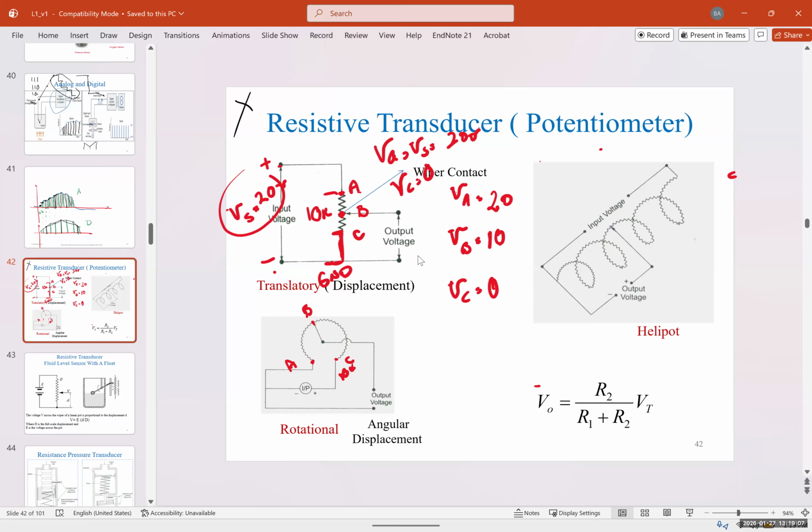So half of that 10K is 5K, R1 is 5K and R2 is 5K. So it's going to be 5K over 5 plus 5, which is 10, times VS, which is 20, gives us 10 volts. So 20, 10, and 0.